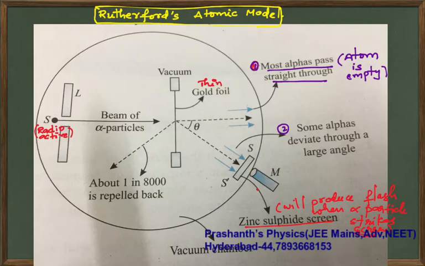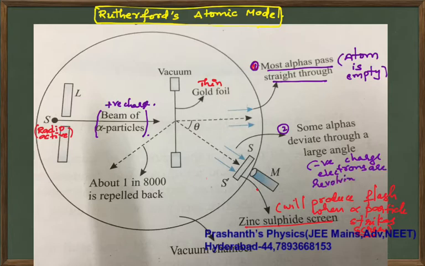While Rutherford was doing the experiment, he did not know that an alpha particle is actually a doubly ionized helium nucleus. You might have studied in electrostatics that it is positively charged. Now, this much deviation means there is some charge, with electrons revolving around the nucleus.